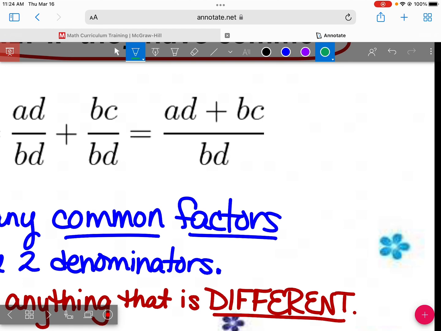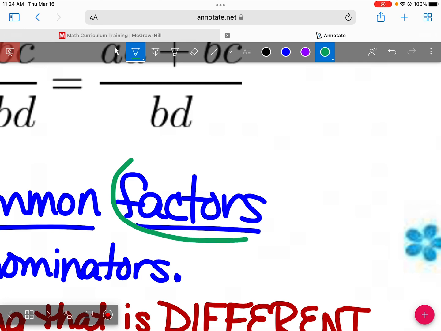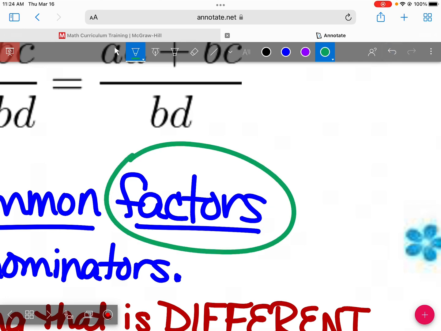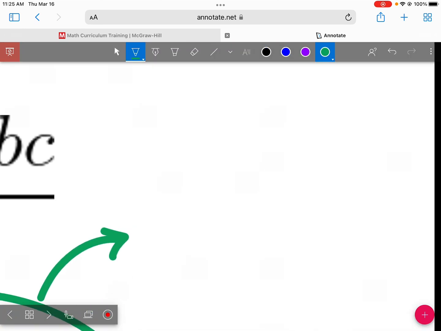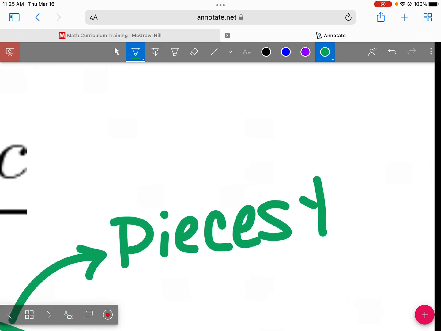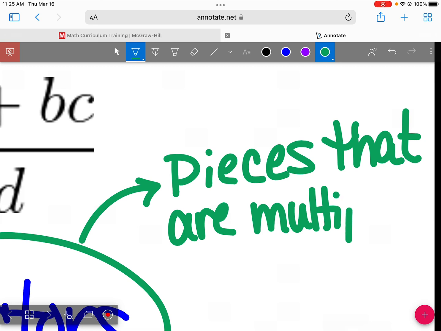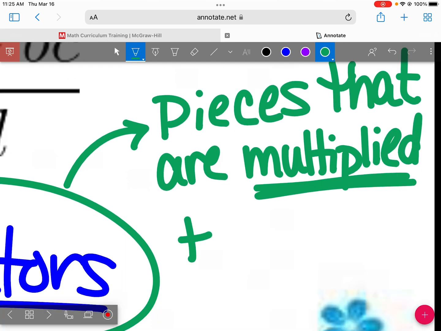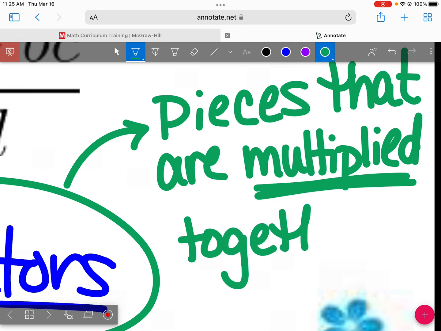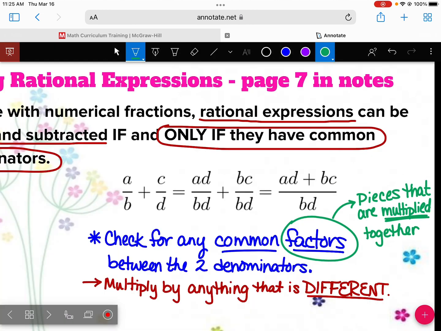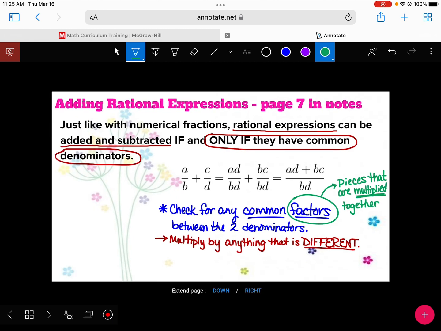And before we look at our first example, I do want to just refresh your memory again. When I say factors, pieces that are multiplied together. They are not factors if they are parts that are being added together.